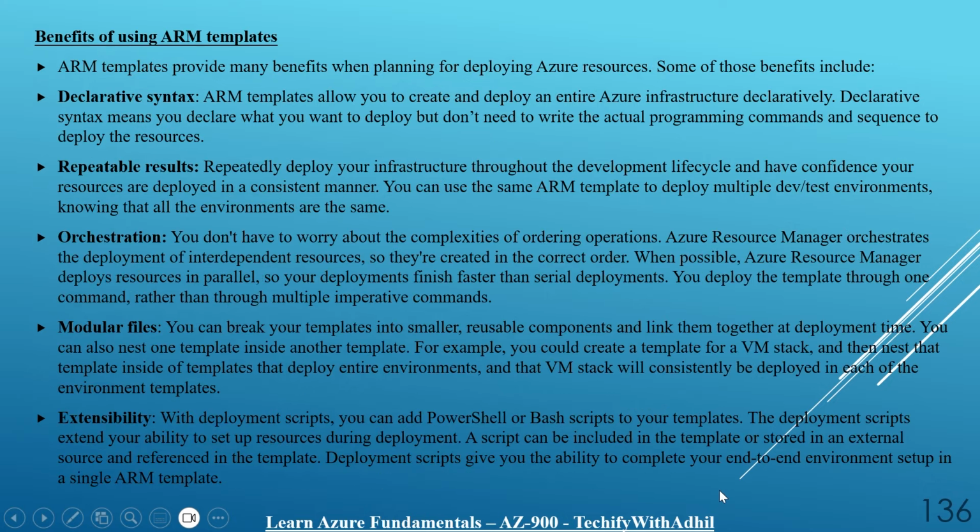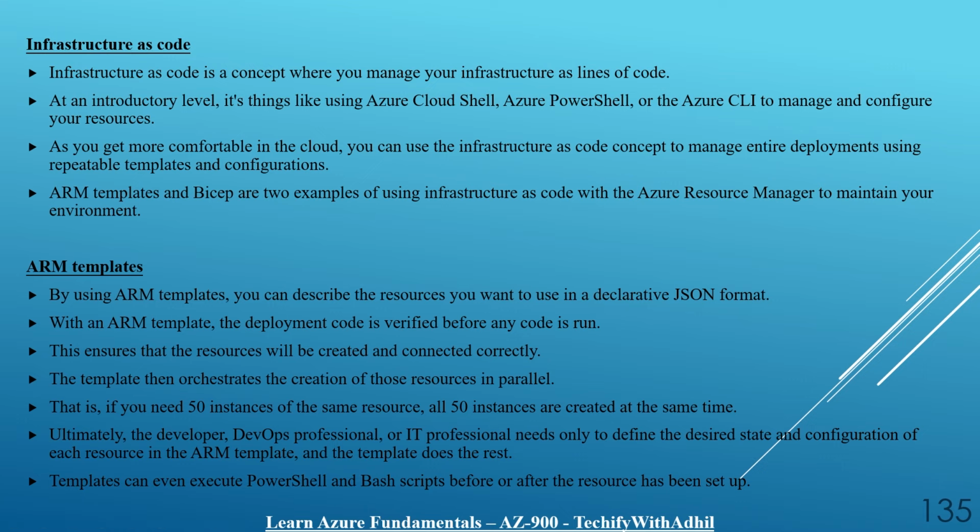Say you are creating some virtual machines for a particular department, for example the sales department. All the sales department needs a common application to be installed. So you will have your ARM template created for sales department virtual machine creation. In that you can also link to another PowerShell or Bash script that is going to do some setup in the virtual machine after the virtual machine has been created.